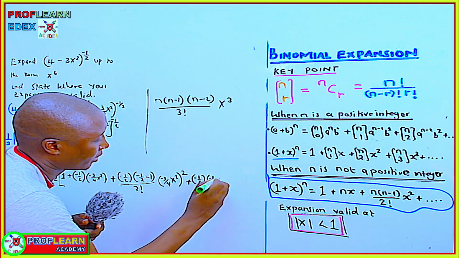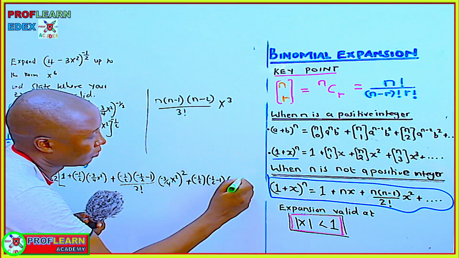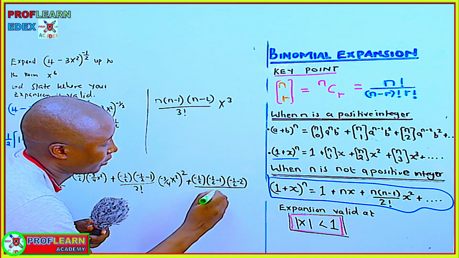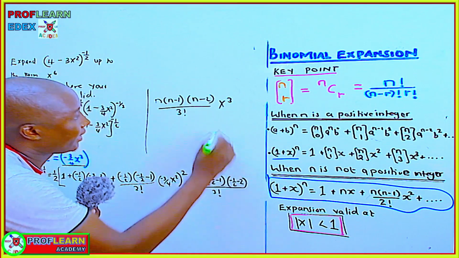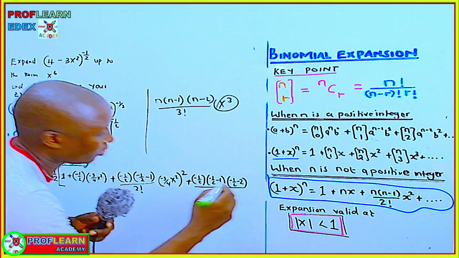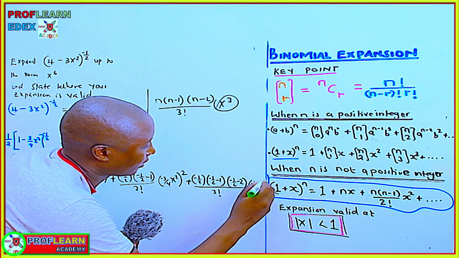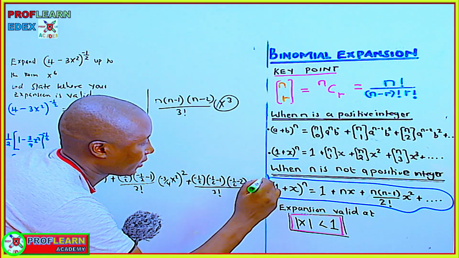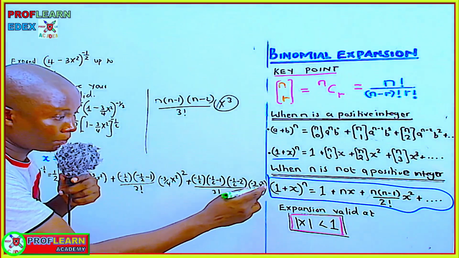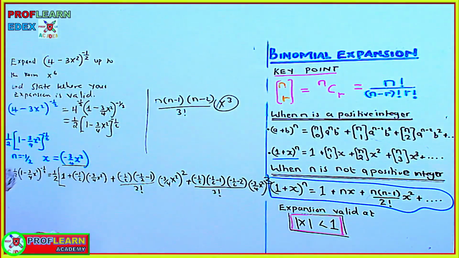Then my x cubed, but my x is negative 3 over 4 x squared, so I'm going to say minus 3 over 4 x squared raised to power what? Which power should this be? This power should be power 3. Now, let us try to simplify. The first term will be 1.